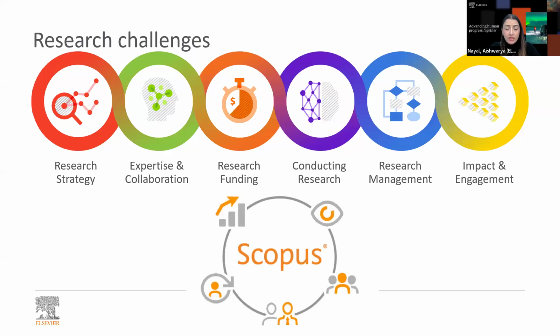How? In research strategy, by finding what already exists in your field, that homework will help you strategize your work better. The right collaborator might be sitting right next to you, but you do not know that. Scopus will help you understand where and with whom to partner and collaborate.